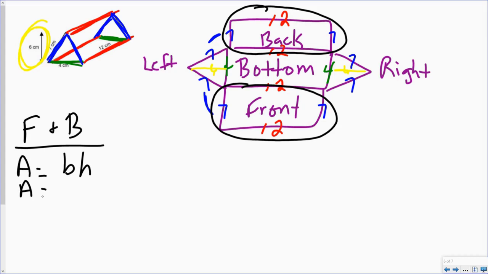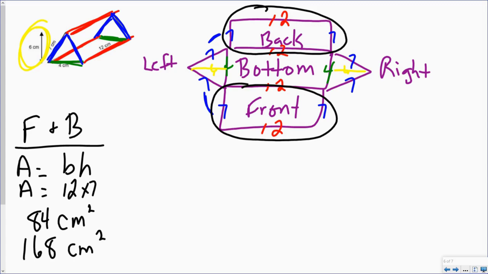So this area would be 12 multiplied by 7. So that would give me a total of 84. And again, this one says centimeters, so it'd be centimeters squared. But I have 2 of them. So I'm going to take 84 times 2 and get a total of 168 centimeters squared.